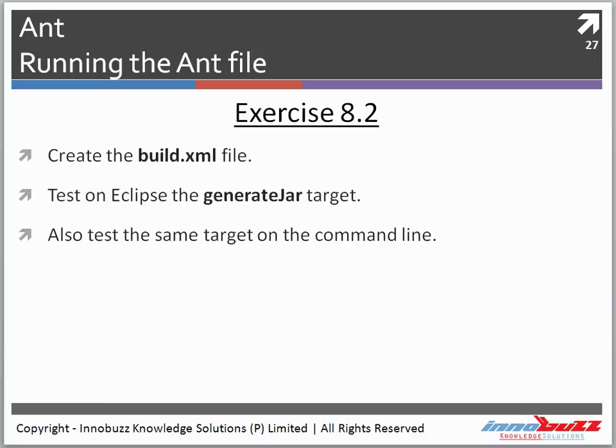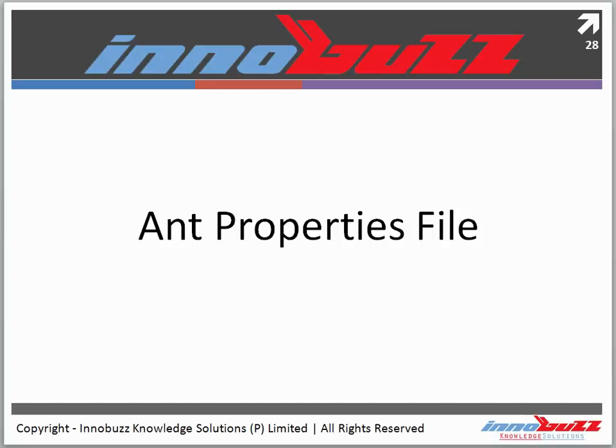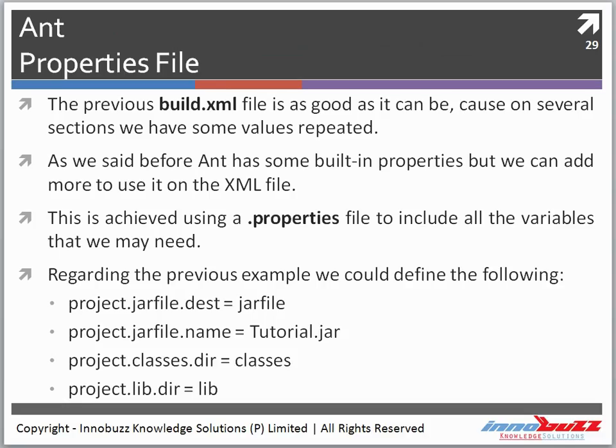Ant properties file. As you may have noticed on the previous Ant script, we have some values repeated and others very specific for the project we're working on. This can be changed a little bit in order to have a more general Ant script that you can use on several projects. This is where a properties file comes into play.